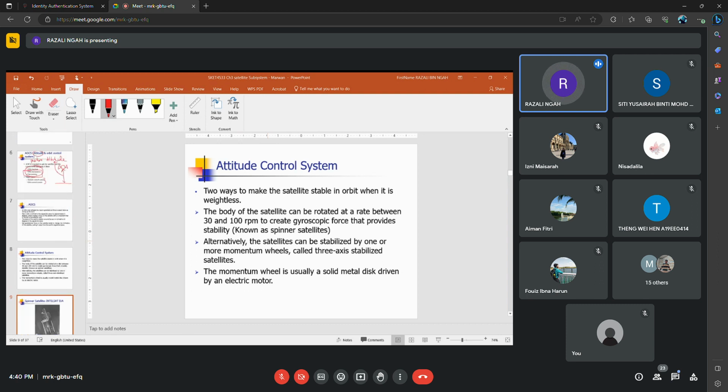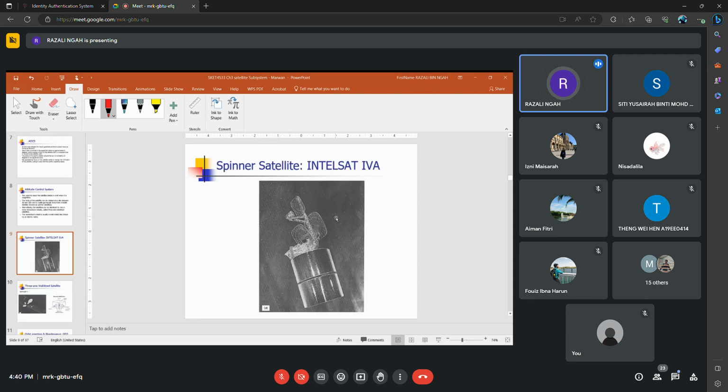So that's why there is a satellite like this. In order to have a stable satellite in space, the main part of the satellite body must be rotating.